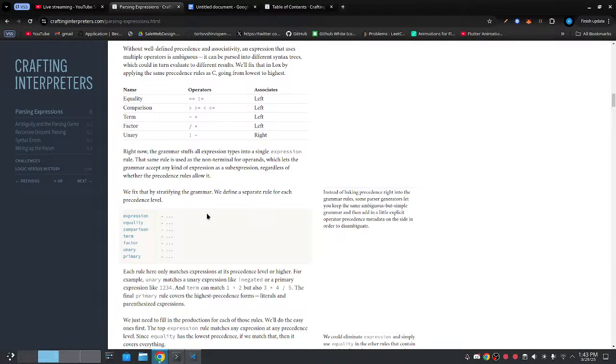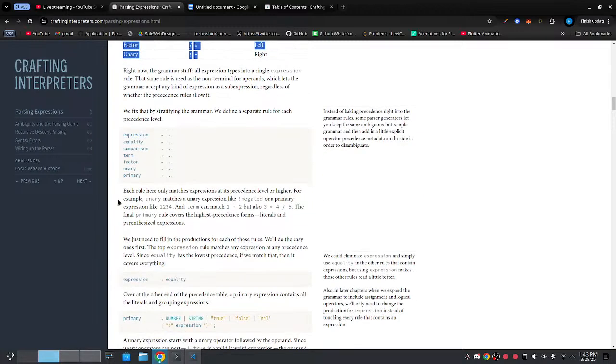So this is in reverse order. I was thinking that these are from higher to lower. This is lower to higher. This makes sense, because each rule only matches the level higher. For example, unary would match the rules for unary and could match the rules for primary also, which is written here exactly the same.